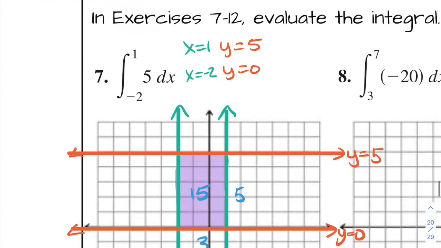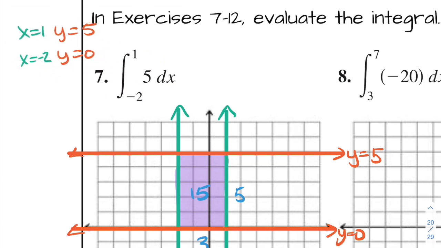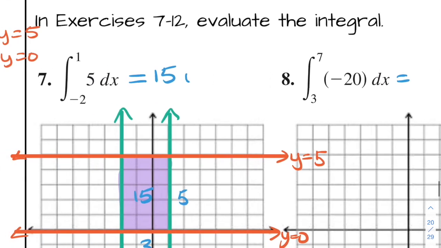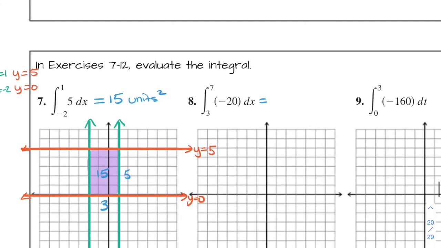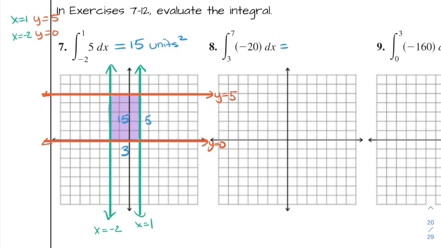So my apologies, you really don't want to write this information here because the easiest part of this now is going like this equals 15. So you might as well write 15 units squared. Okay? So for all of these, you can graph them and then write equals, and then there you go.